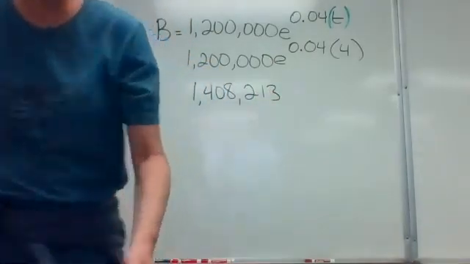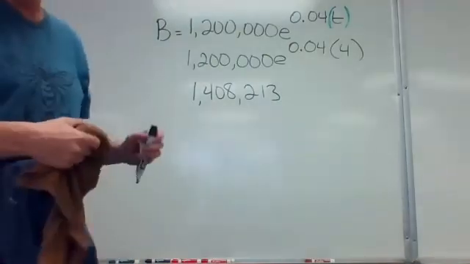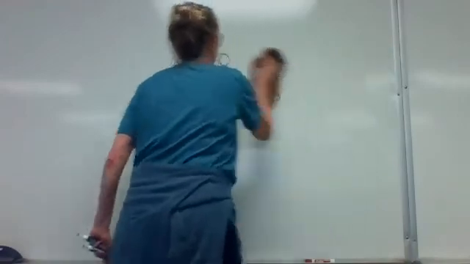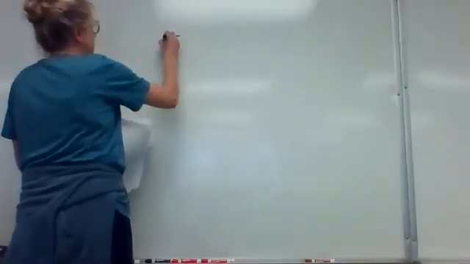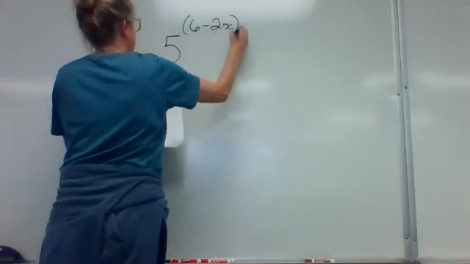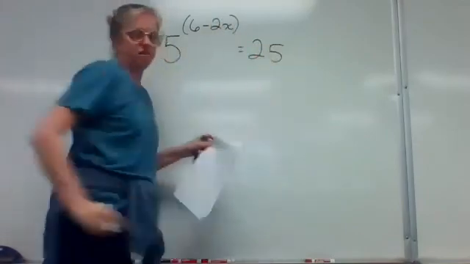All right, last one. Solve the exponential equation. 5 to the 6 minus 2x equals 25.